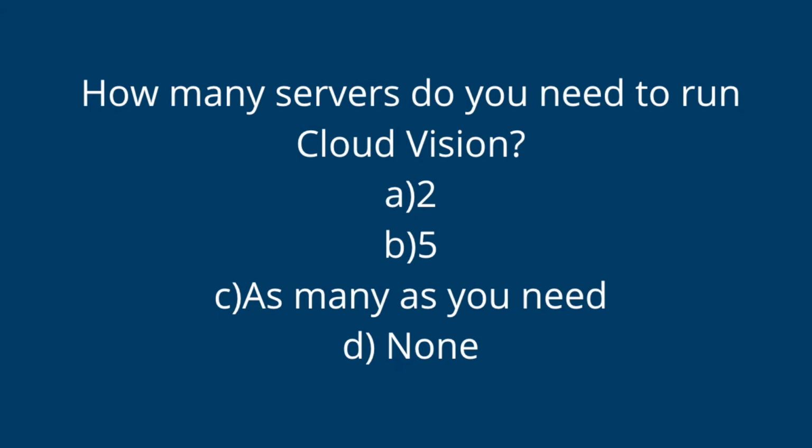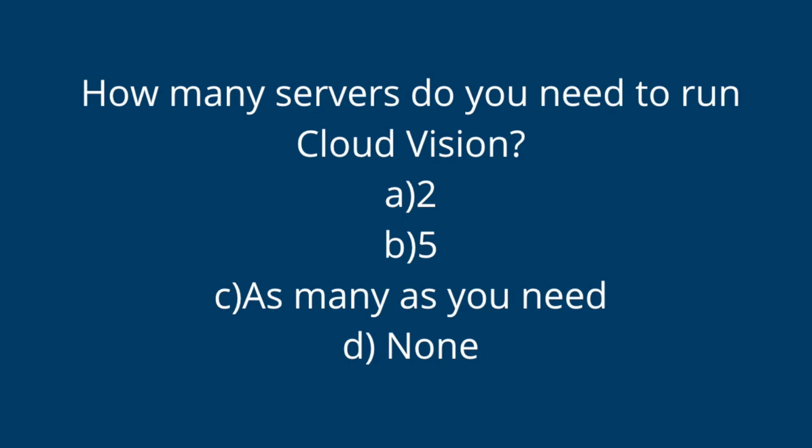Cool, next. How many servers do you need to run Cloud Vision? 2, 5, as many as you need, or none? Please pause and answer. So it can't be 2 and 5 because that's too specific, and we said that the whole point of having cloud and being on the cloud is it makes you have elastic resource allocation.